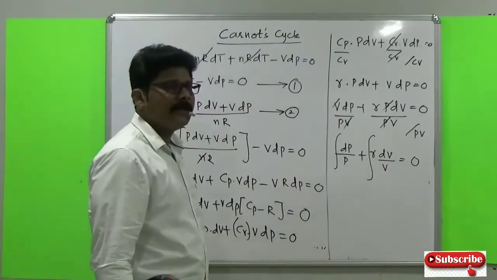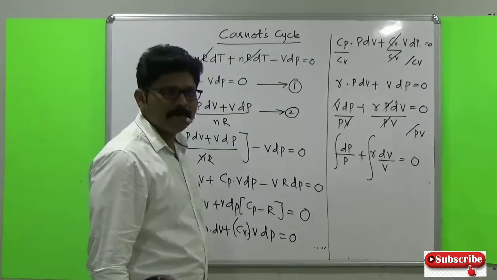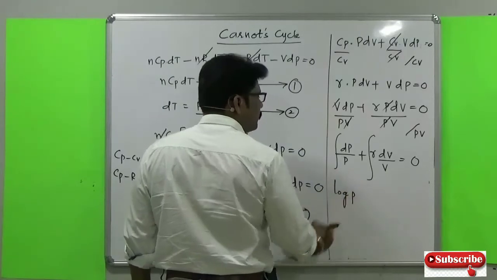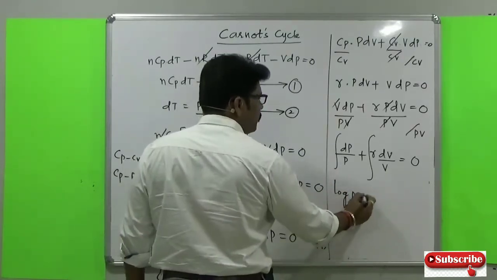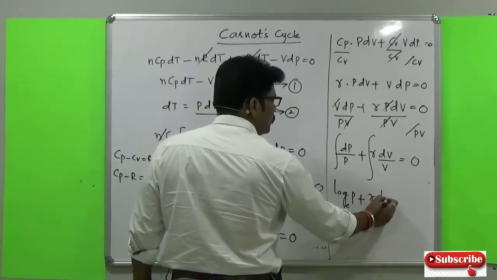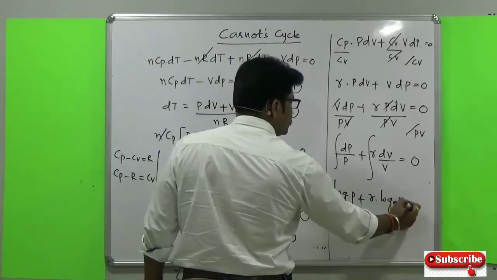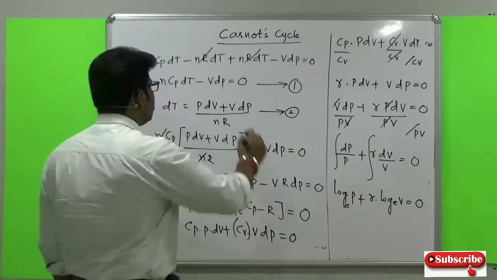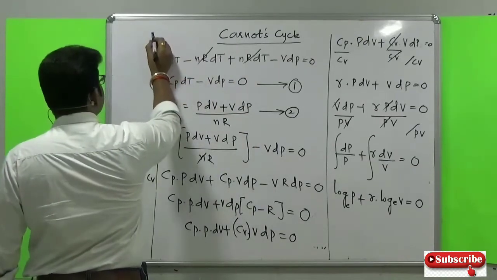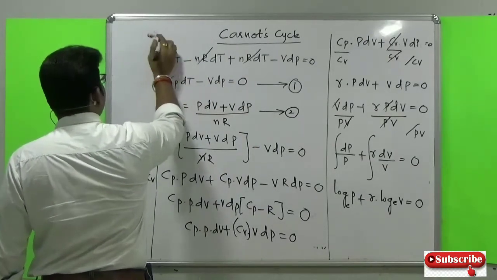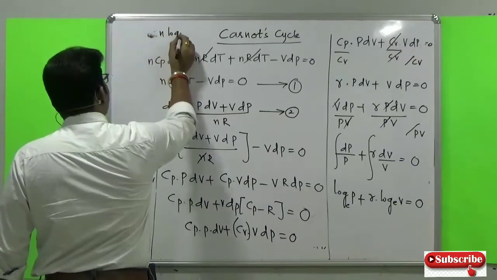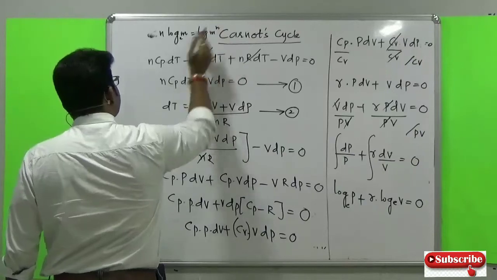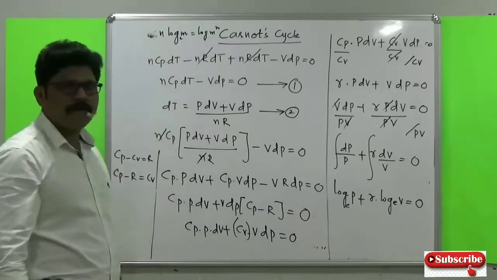Integrating. So integration of dP by P, which is nothing but log base e P, plus gamma into log base e V, equals to integration of 0. We know that m into log n can be written as log of n to the power of m, right?